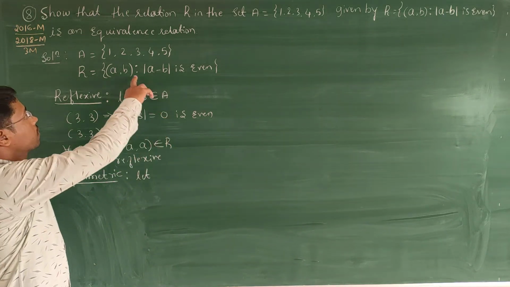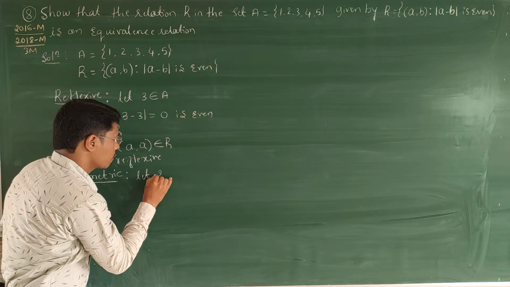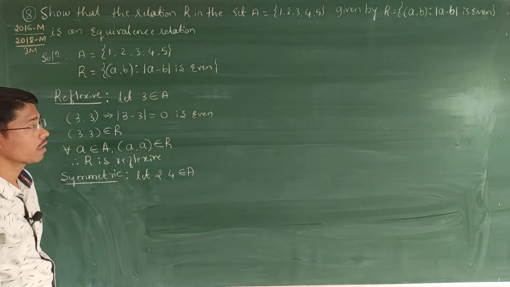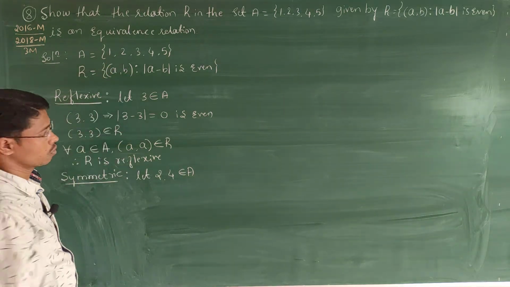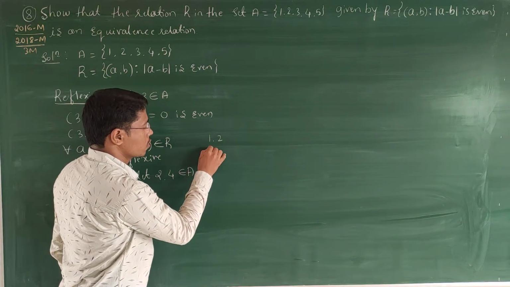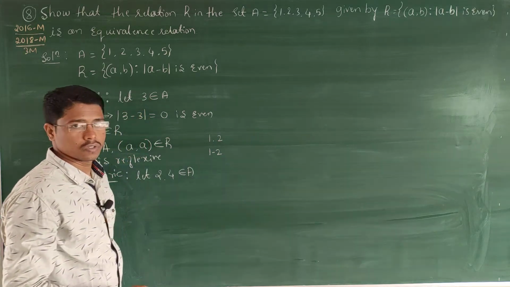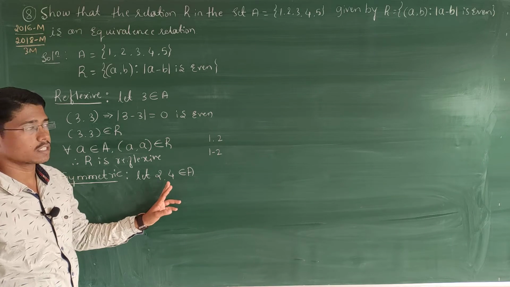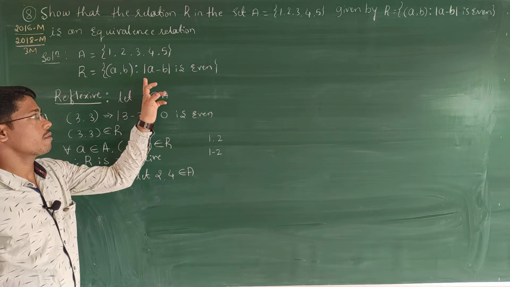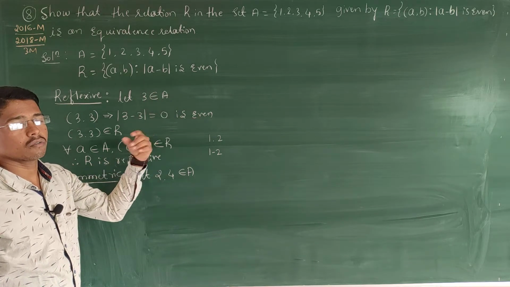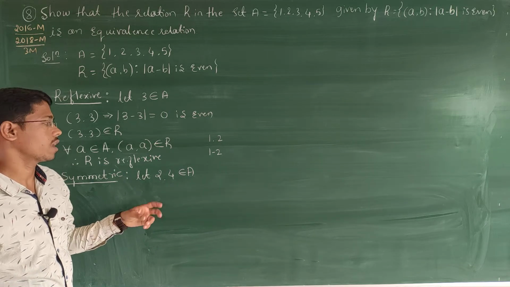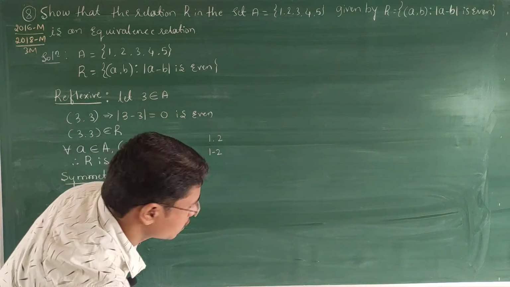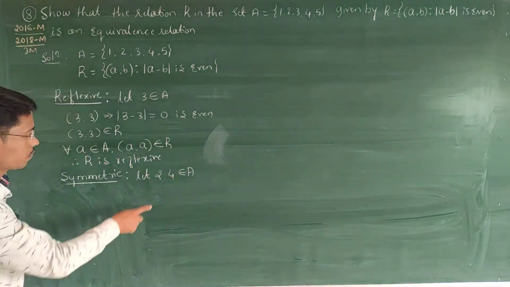Okay, so consider 2, 4 belonging to the set A. If I consider 1, 2, then 1 minus 2 is not an even number. Therefore, we should consider two numbers in such a way that |a − b| is even. Later we check for (b, a), that is b minus a. Now, put these two.